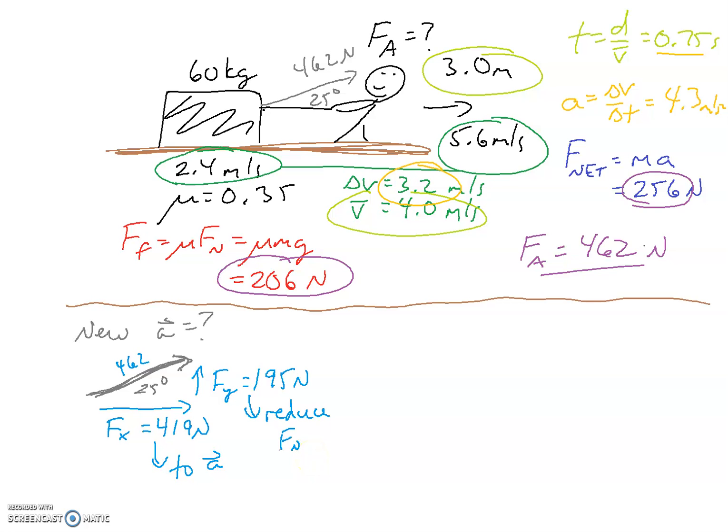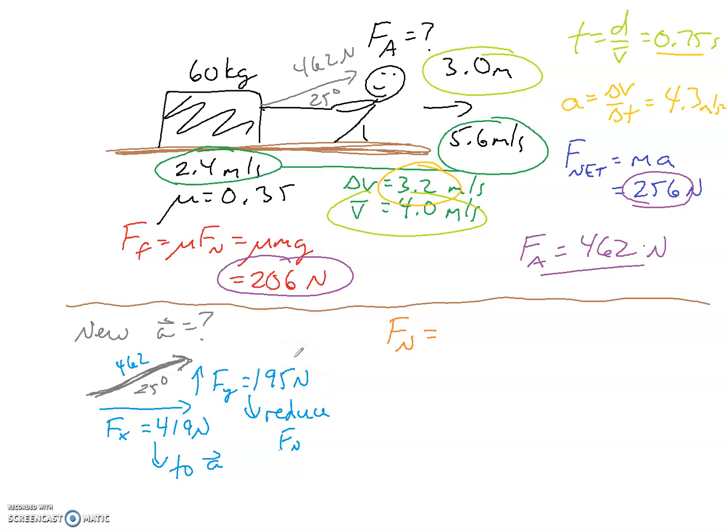Because pulling at an angle is going to change our friction. Alright, so if I want my friction, the first thing I need is my Fn. Now when the box was just sitting on the ground and he's pulling sideways, Fn was just my mg. But now, since he's pulling up a little bit, we're going to have to subtract what he's pulling up with.